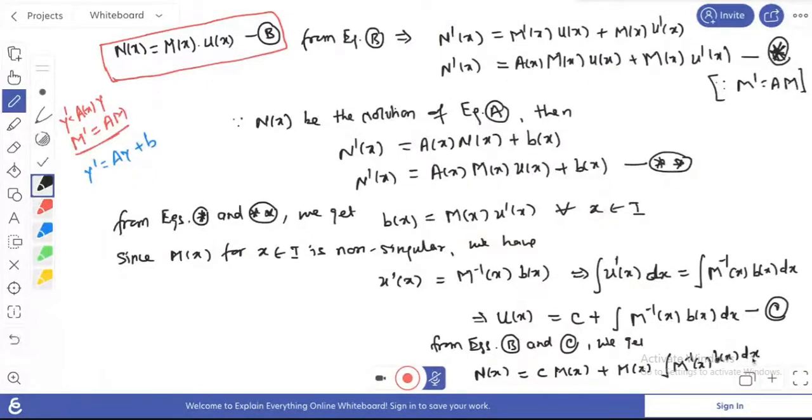Okay, so this is your general solution, and this part corresponds to your complementary solution. This is from your homogeneous term, because m is obtained from the homogeneous system of equations. So this is the complementary solution.